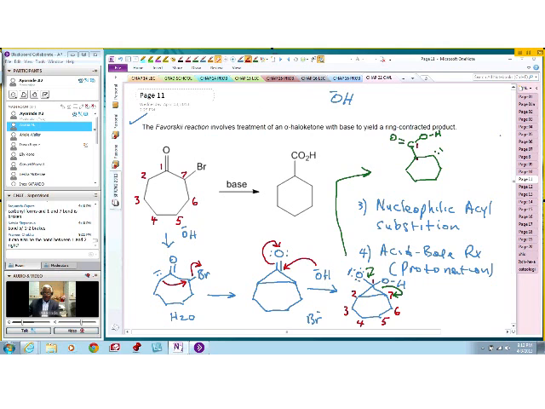This is our carbon number 1, carbon number 2, carbon number 3, carbon number 4, carbon number 5, carbon number 6, and carbon number 7. And now what happens now? So now what happens next?